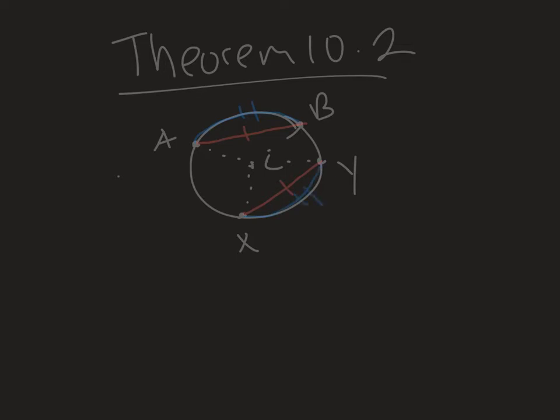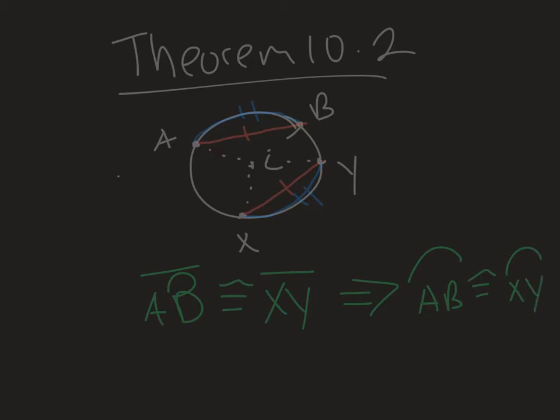And remember, that's an if and only if, which means that it has to go both ways. So if I start with, say, chord AB being congruent to chord XY, that would tell me that arc AB has to be congruent to arc XY.